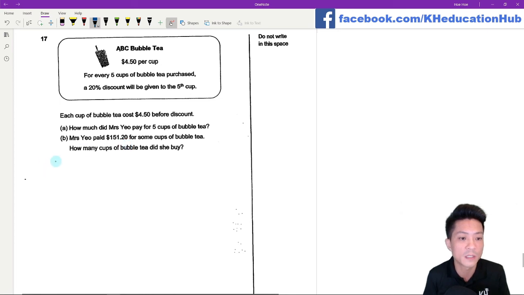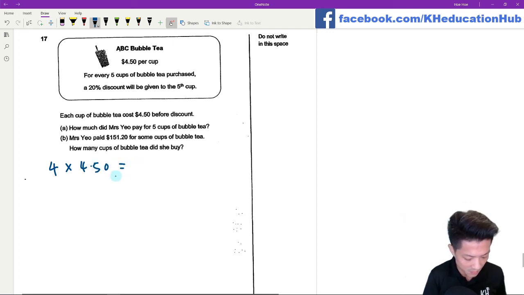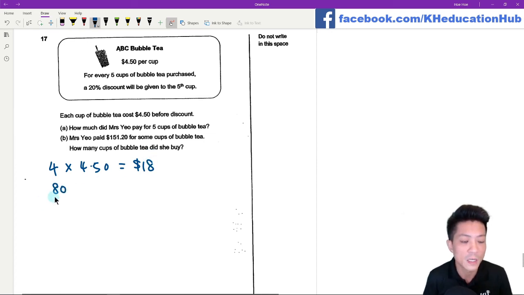So let's find out. The first 4 cups will be 4 times 4.50, which will give me $18. There's a 20% discount on the 5th cup, which means that I will need to find what is 80% of 450.